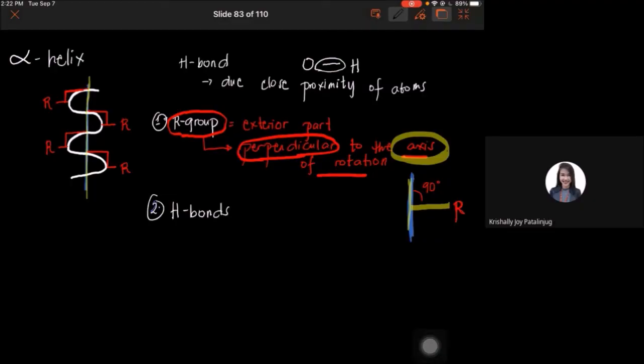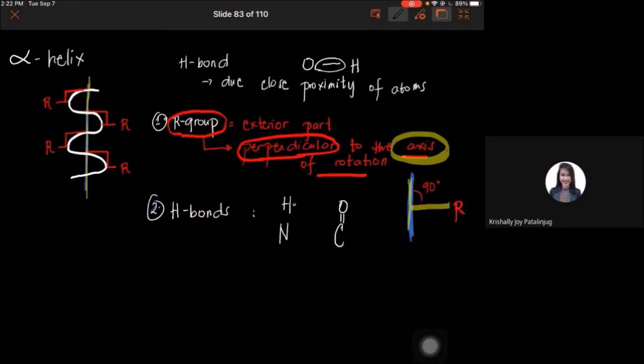Again, with regards to the hydrogen bond being created, please take note that hydrogen bond is being formed because of the amide NH. Naalala po to. Ang hydrogen bond na bubuo, it is because of the amide NH and also the carbonyl oxygen ng isa pang amino acid residue.